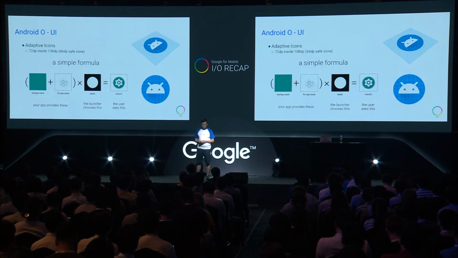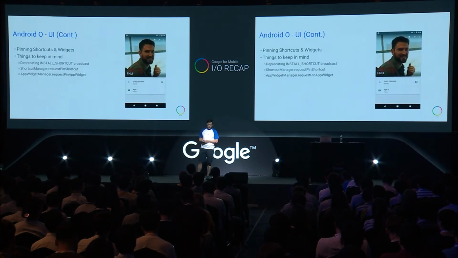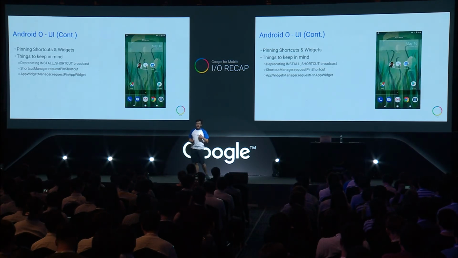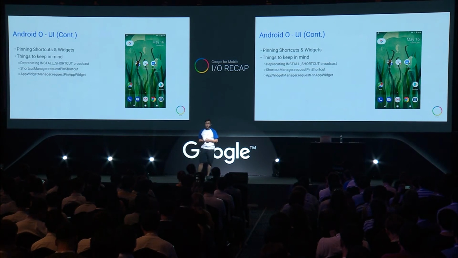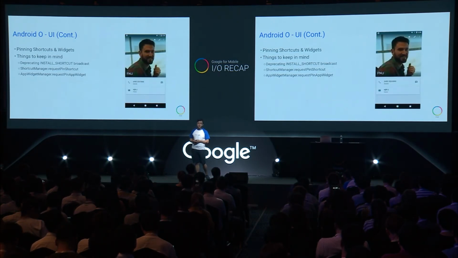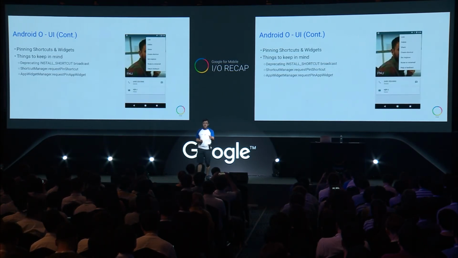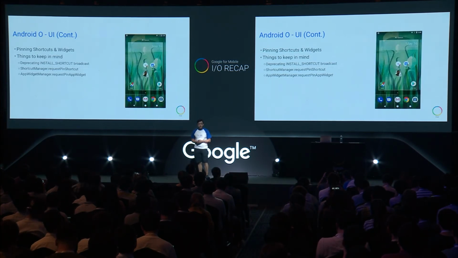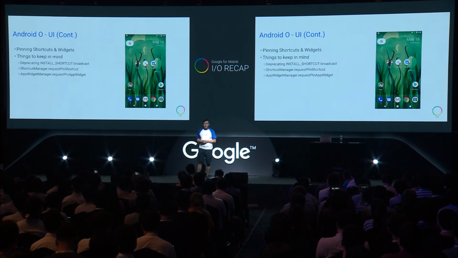Widgets and shortcuts were pretty painful to add to the screen in the past through the install shortcut broadcast. We improved that in O by introducing two new APIs called request pin shortcut and another one called request pin app widget.